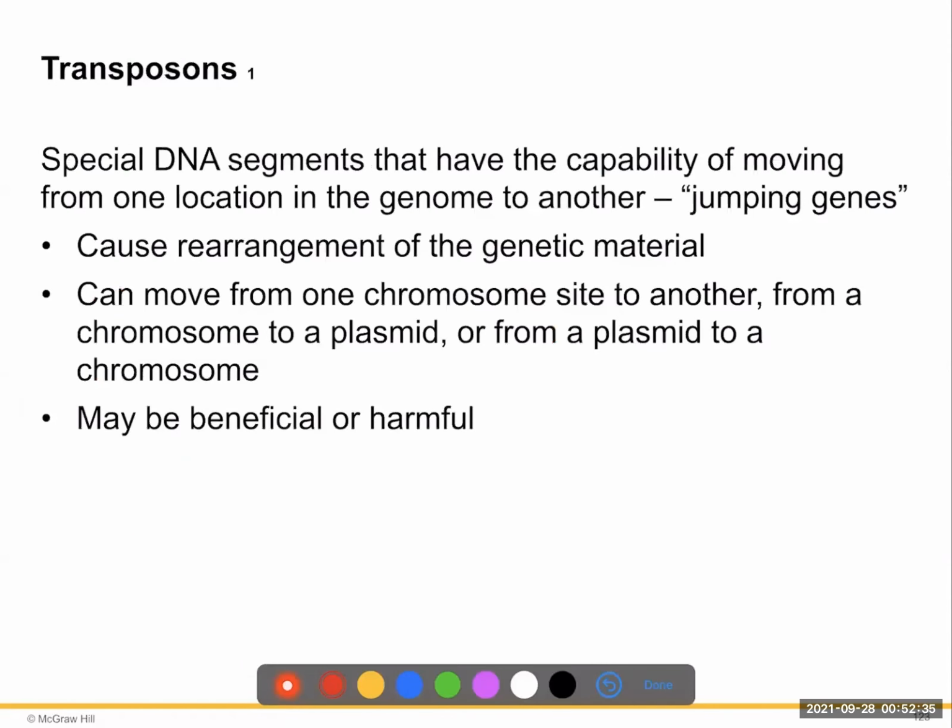Special DNA segments that have the capability of moving from one location in the genome to another are called jumping genes. They can move from one location to another. They rearrange genetic material and can move from one chromosome site to another, so from a chromosome to a plasmid, or from a plasmid to a chromosome.